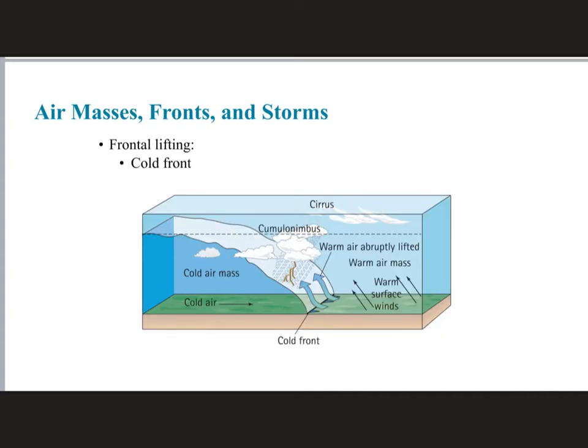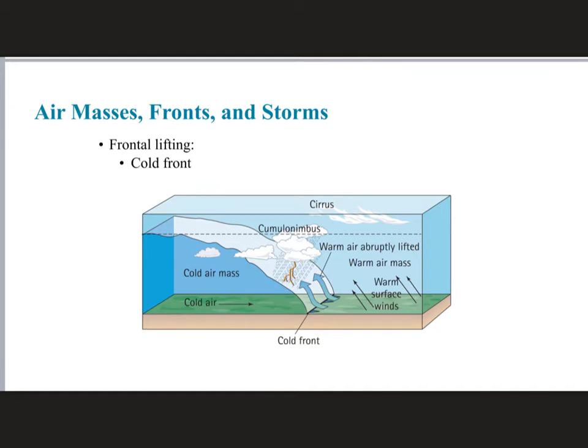And the third type of lifting is what we call frontal lifting. Now, you've probably heard of weather fronts if you've ever watched the weather report on the news at night. They talk about there's a warm front moving into the area, so we can expect rain or whatever it is.